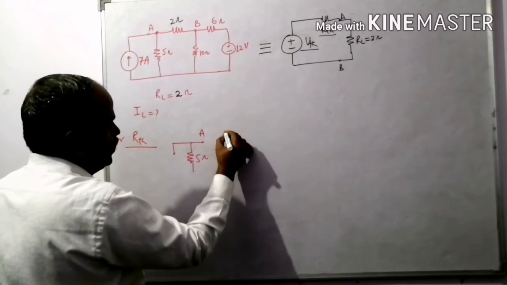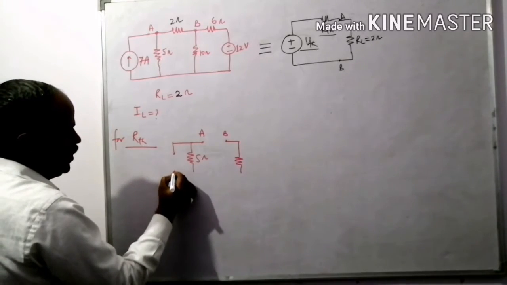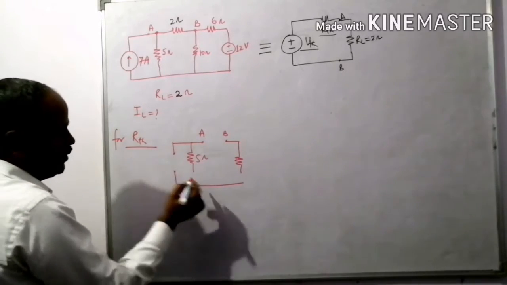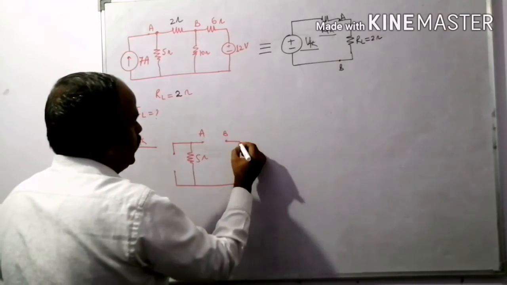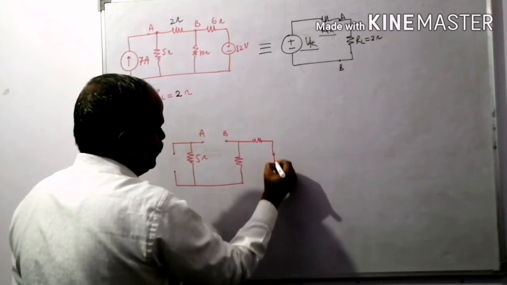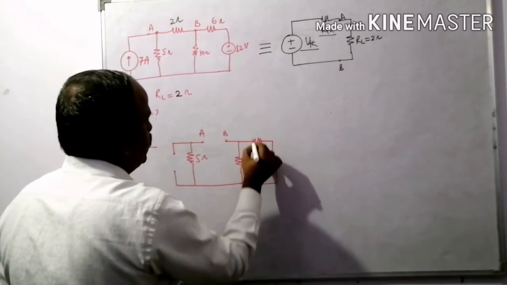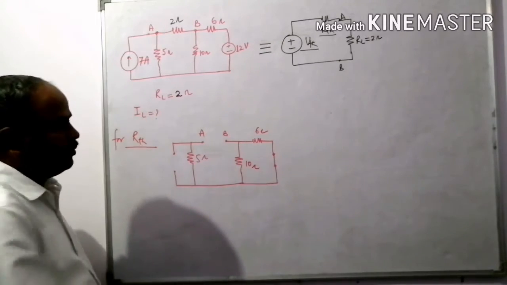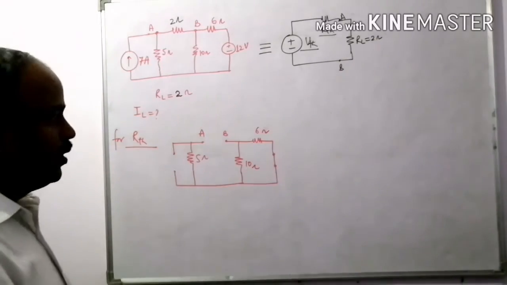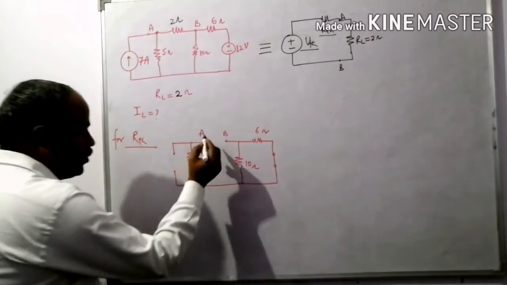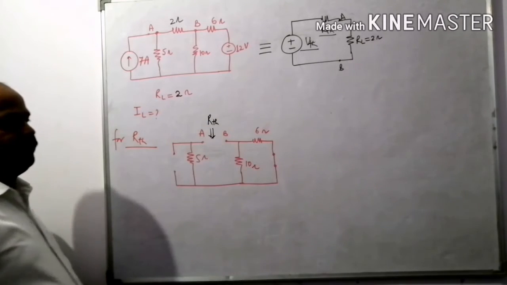Point A and B, as load is removed and current source is open circuited and voltage source having the voltage 12 volt is short circuited. This is short circuited and circuit is like this, 10 ohm and 6 ohm. Any doubt? Right? And I'm going to view from this side. It's your RTH.